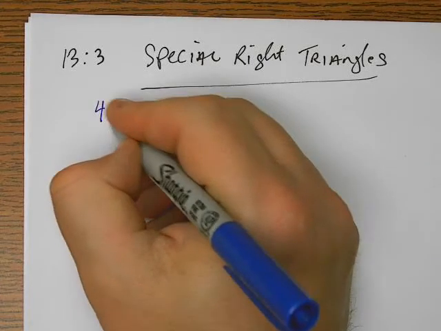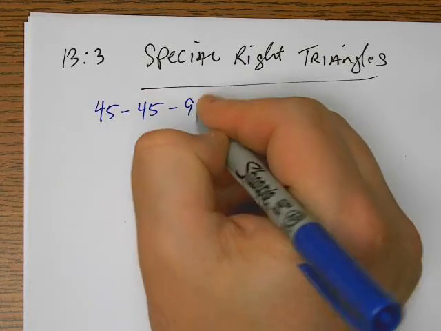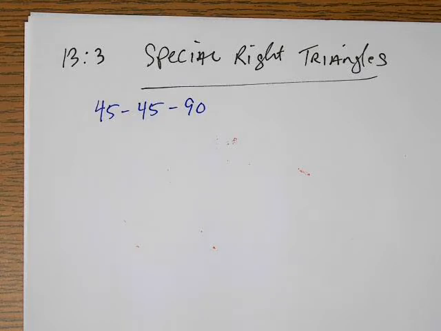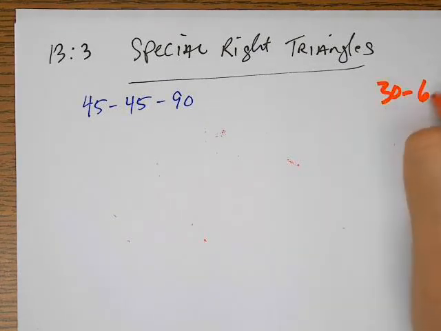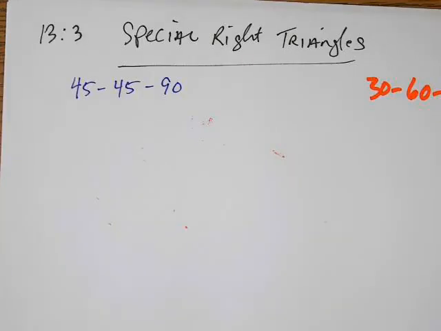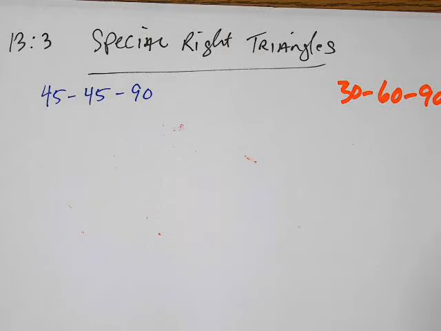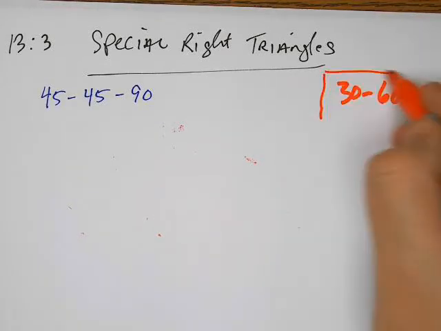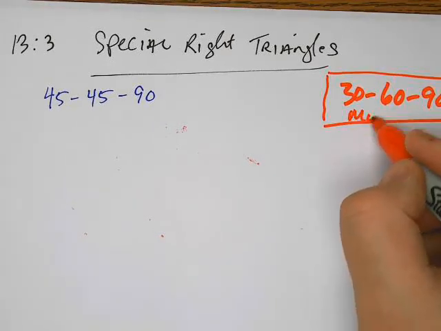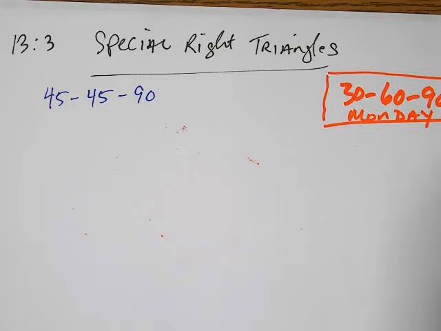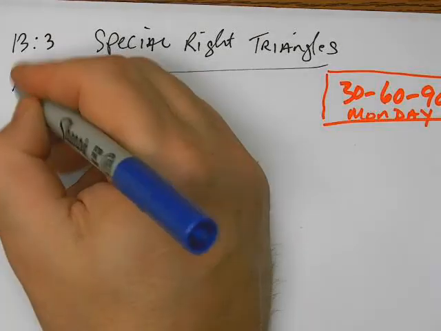There is a 45, 45, 90 right triangle, and there is a 30, 60, 90 right triangle. We're only going to concern ourselves today with the 45, 45, 90. We're going to do the 30, 60, 90 on Monday. Okay? So this is what we're going to look at.